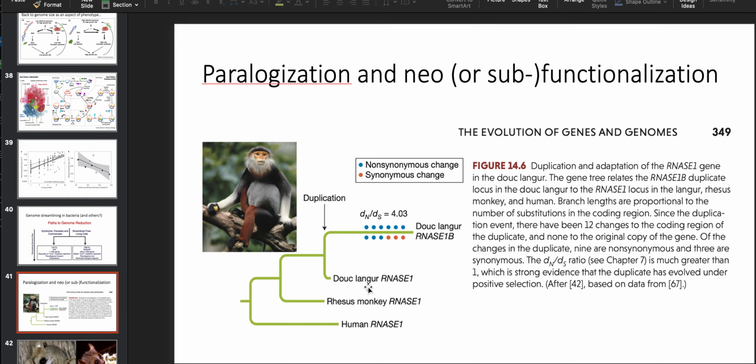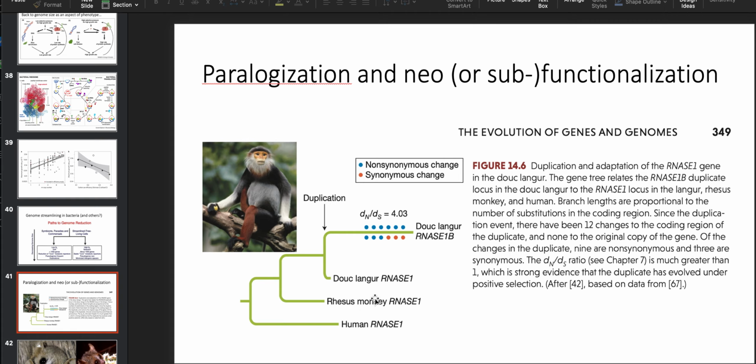So this part of the gene tree is just two different genes within one super duper cute monkey genome. Whereas the rhesus monkey and humans, we only have one copy of these genes.